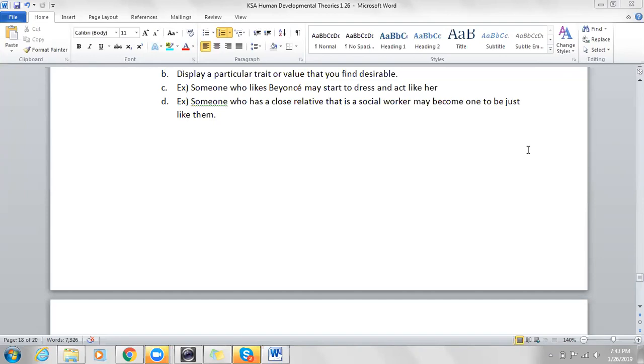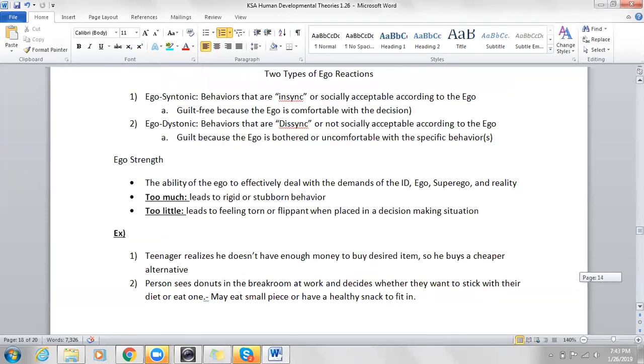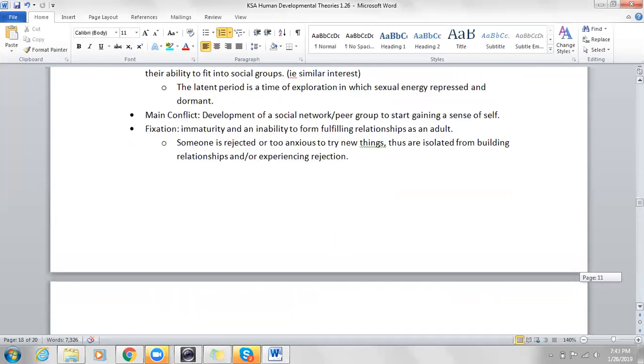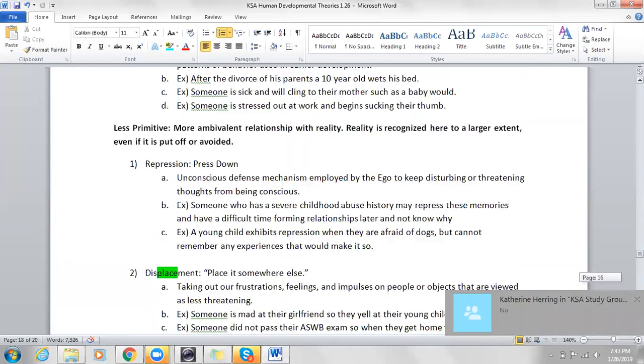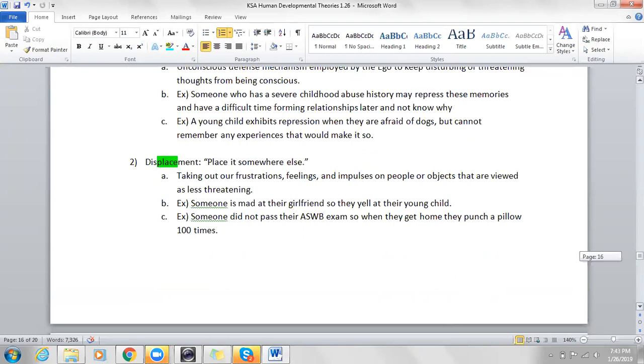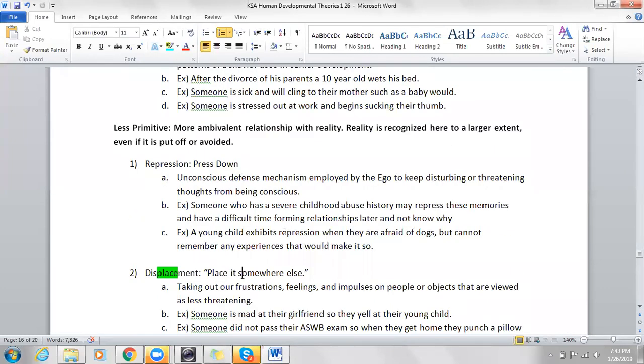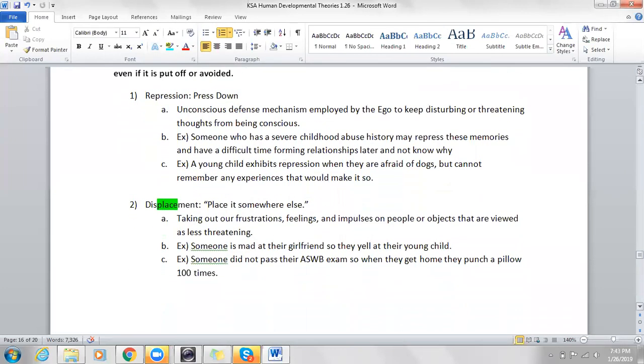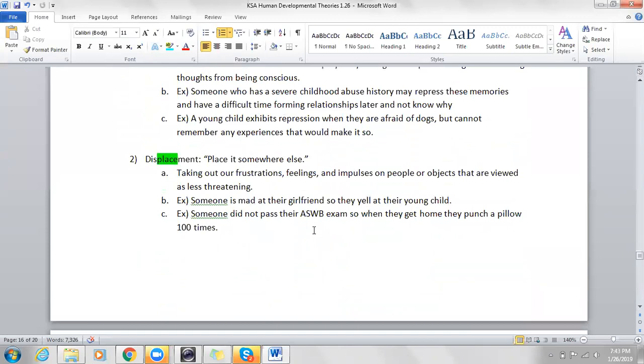All right. So what is the difference between displacement and projection? So displacement, keyword on placing. And this is where you're typically placing an emotion. Projection can be an action or feeling. So displacement is a key thing here is that it's someone on something less threatening.